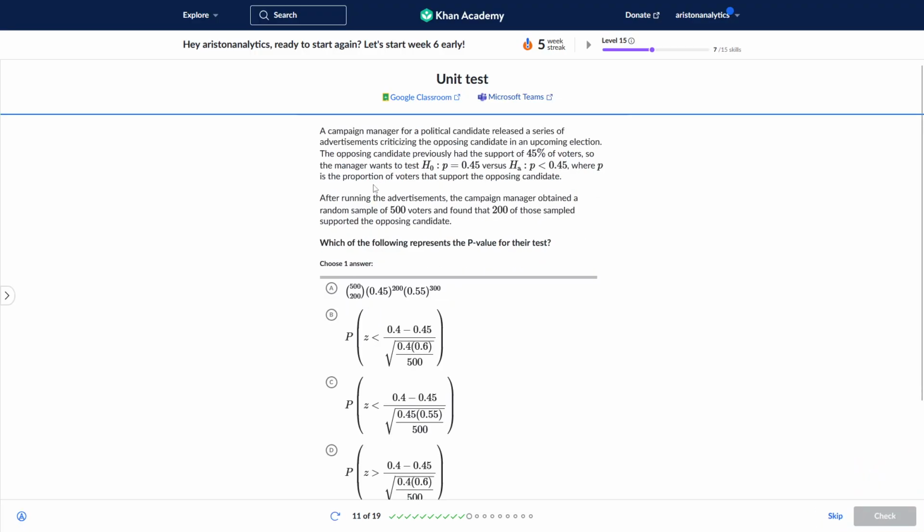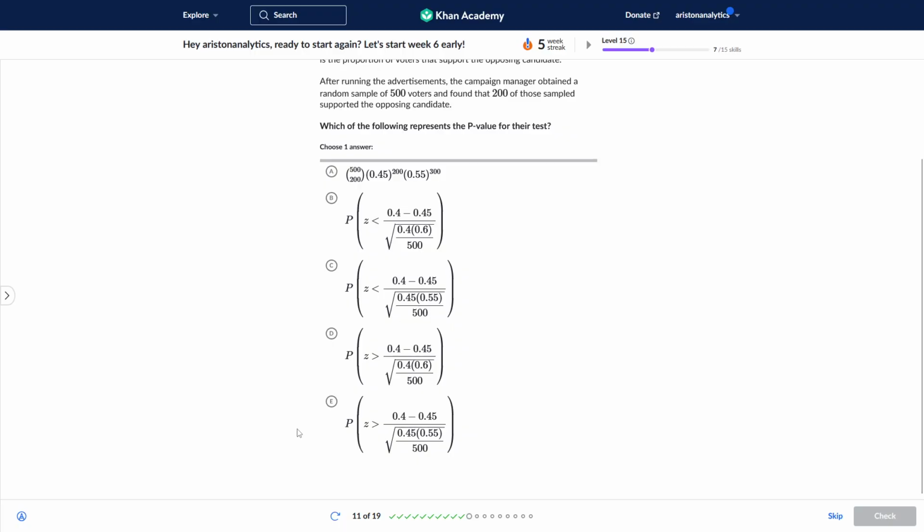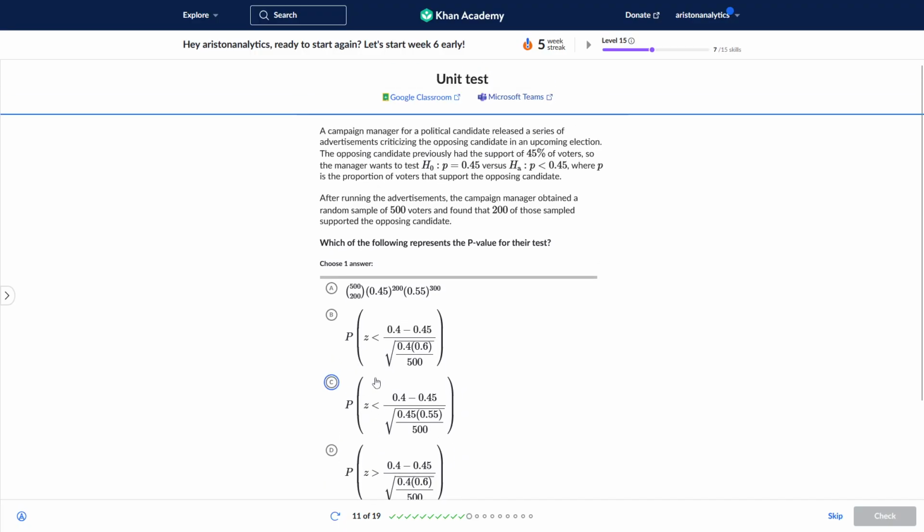Wow. Which of the following represents the p-value for their test? Hmm.